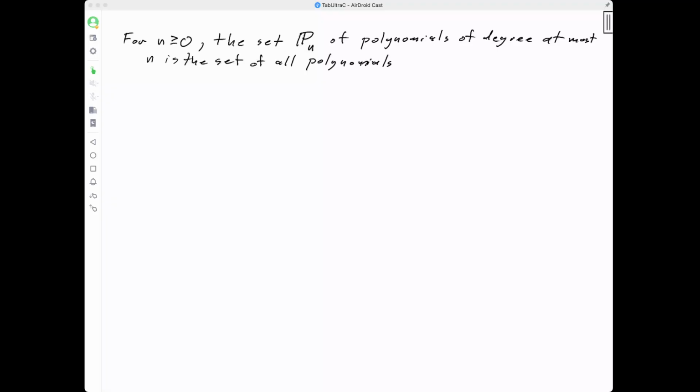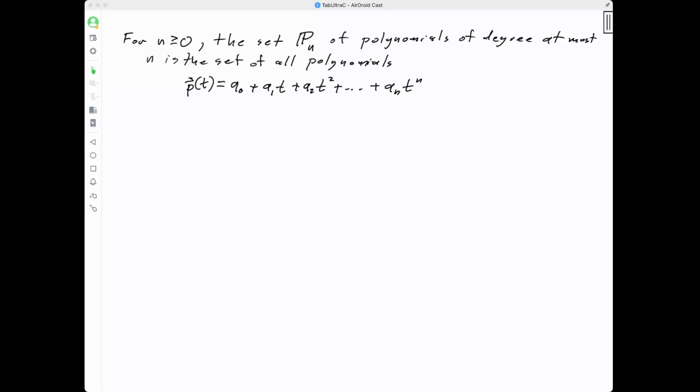I'm going to call it p of t, and I'm calling this a vector because this is going to turn out to be a vector space. The polynomials are vectors of the form some constant plus another constant times t, because I wrote this in terms of t, plus another constant times t squared, etc., until eventually we get to the nth constant times t to the n.